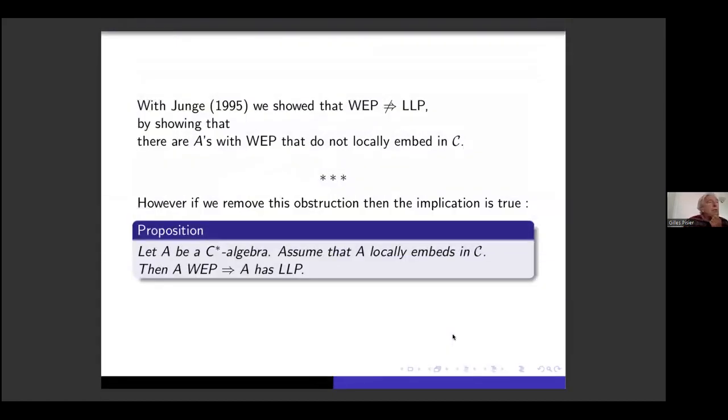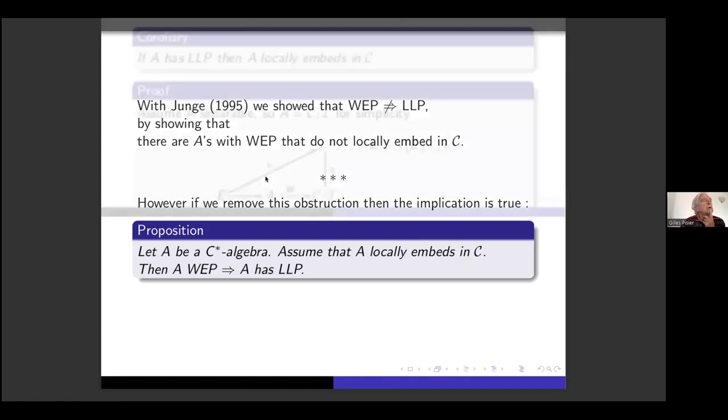So what we did with Junge to show that the weak expectation property does not imply the local lifting property is simply that we proved a more general fact: there are C-star algebras with WEP, no big deal, just B of H, which do not locally embed in script C. And so they must fail the local lifting property by the preceding statement.